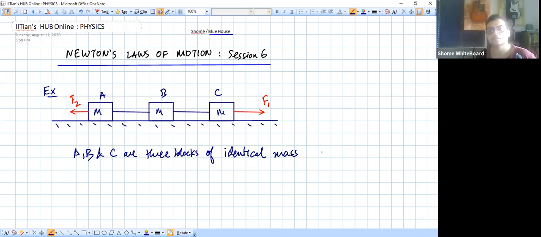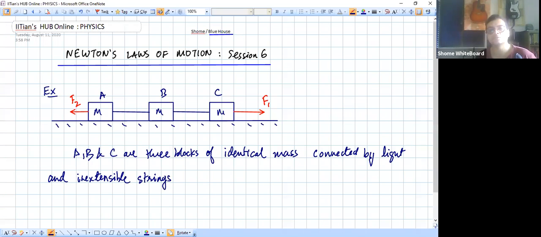connected by light and inextensible threads. You will see this word very often, and even if you don't see this word, you will have to assume that our standard threads and strings are always inextensible.